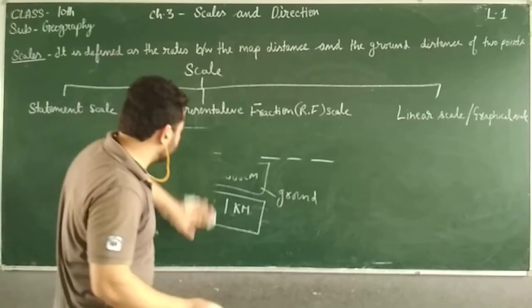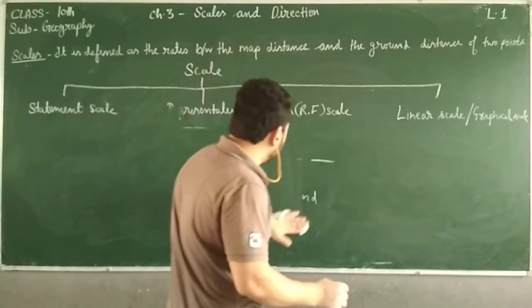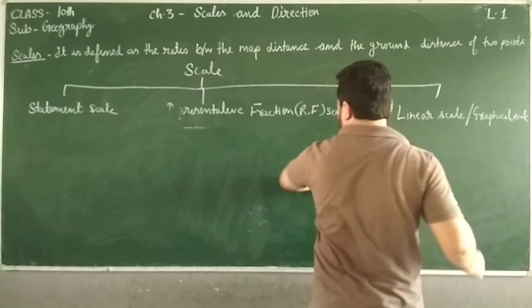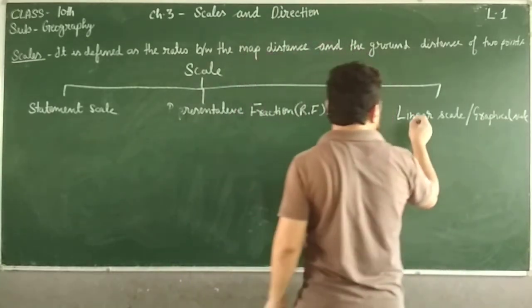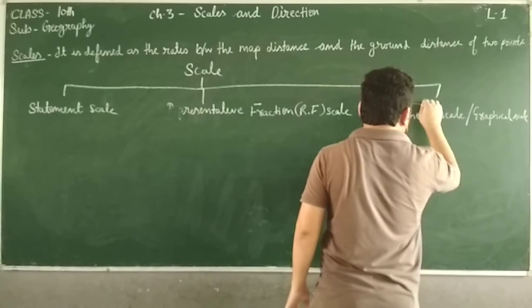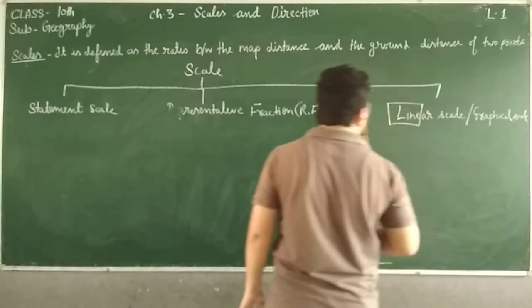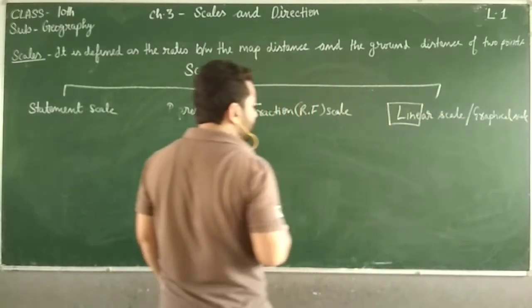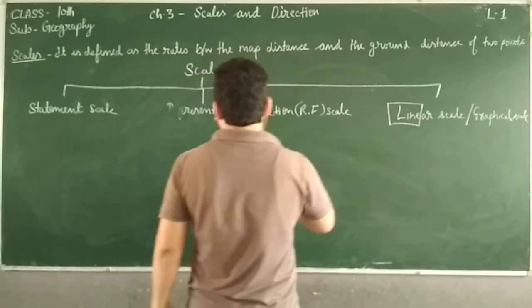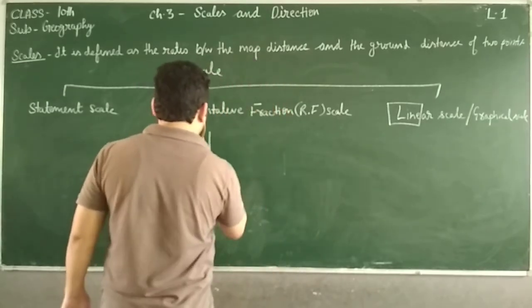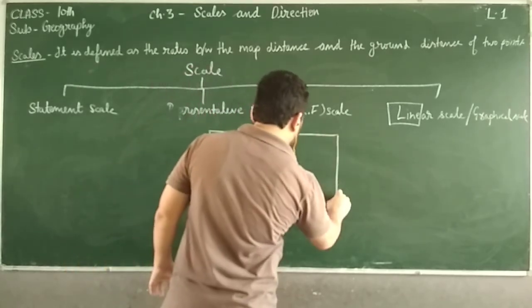Now the next scale is the linear scale. As its name is suggesting, it is a line. One map will be there. Suppose there is a map like this.